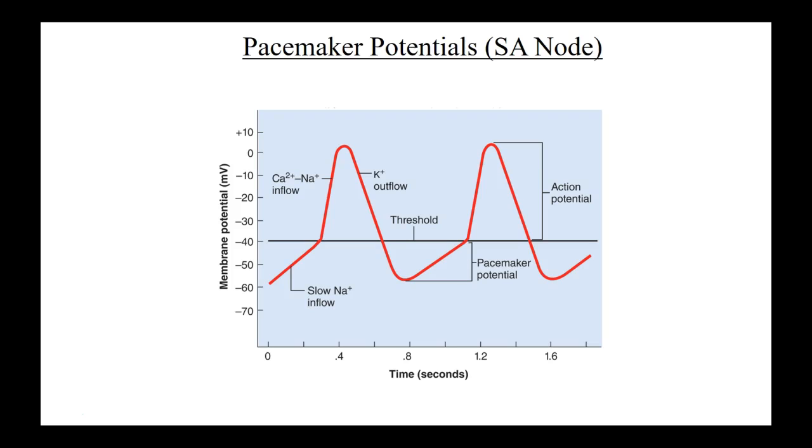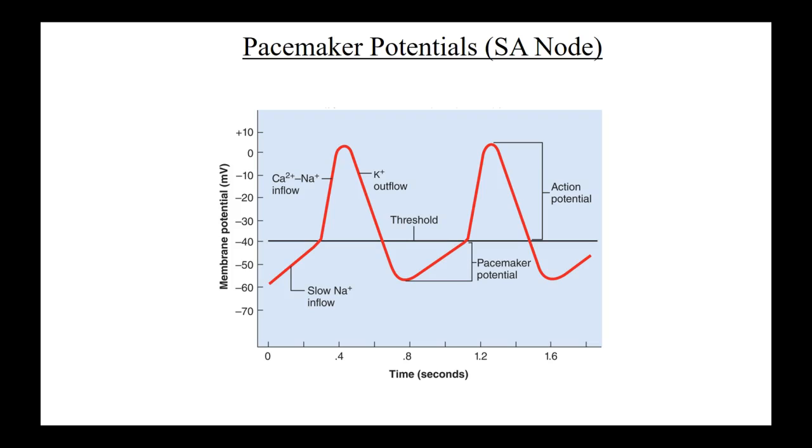These specialized cells spontaneously generate that nodal rhythm. We have slow sodium ion channels open that constantly allow that membrane potential to depolarize until it hits threshold. Then voltage-gated ion channels open that cause what you're familiar with, an action potential, with depolarization and repolarization.